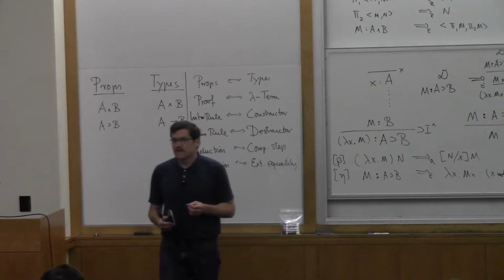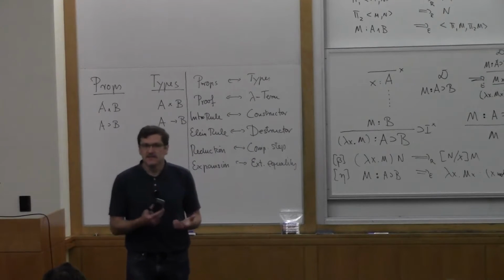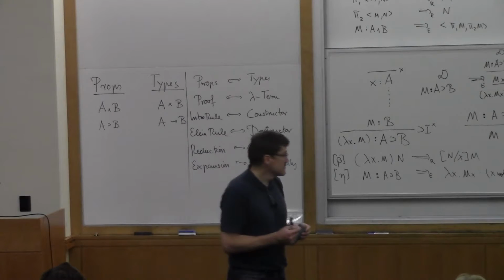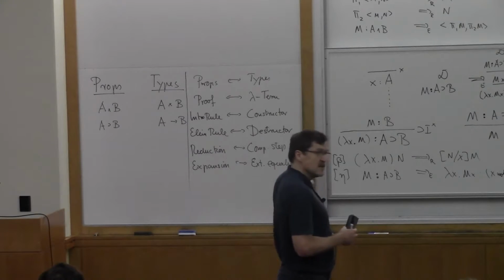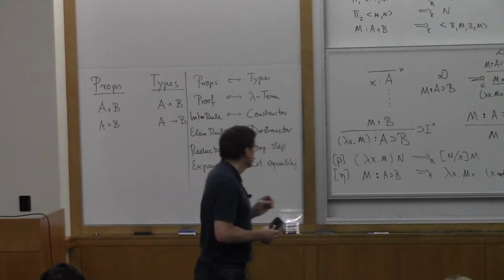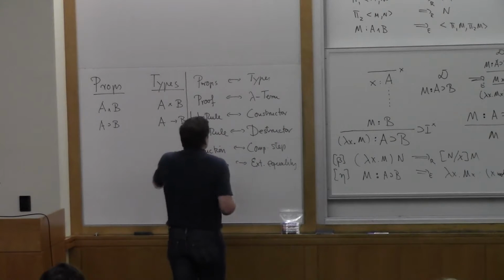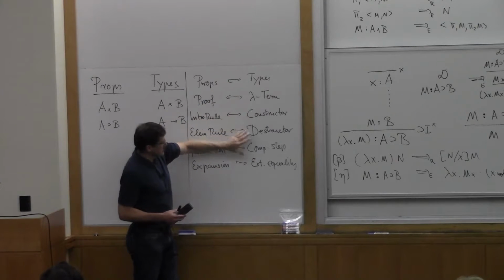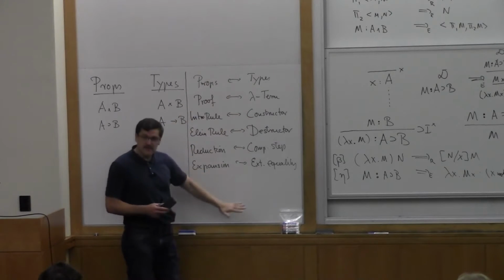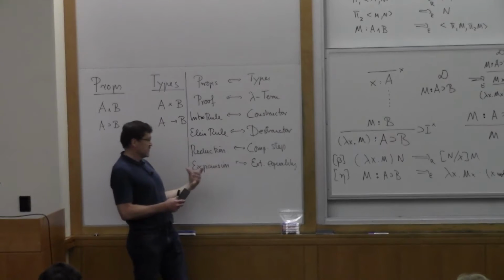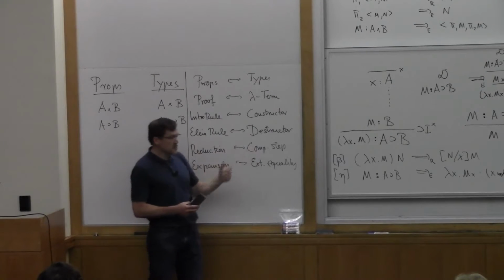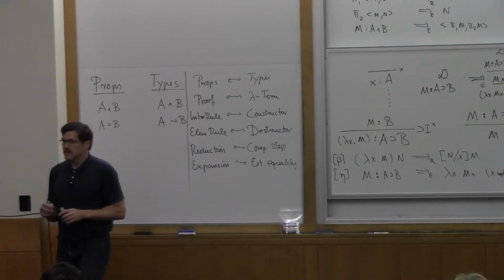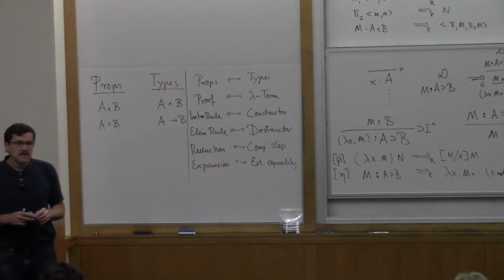Maybe our proof theory is too simplistic and we need to do more in order to find the answer to those questions. But it tells us a lot. So if you want to design a programming language and you want to know what should be my types, how should I introduce and eliminate them, and how should I compute, you can look at this table and you get a lot of information. The one thing that you don't get is an evaluation strategy. You have to think about that separately. Okay? Does that make sense?